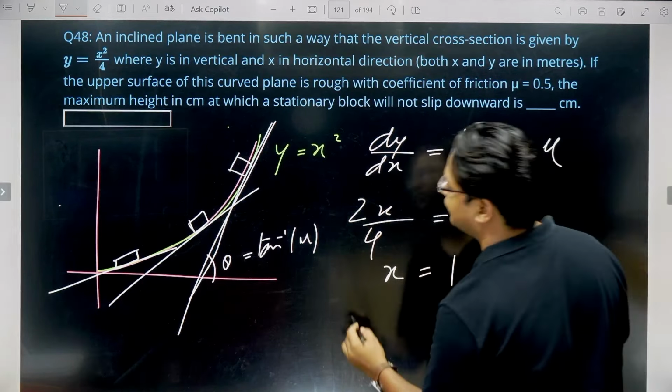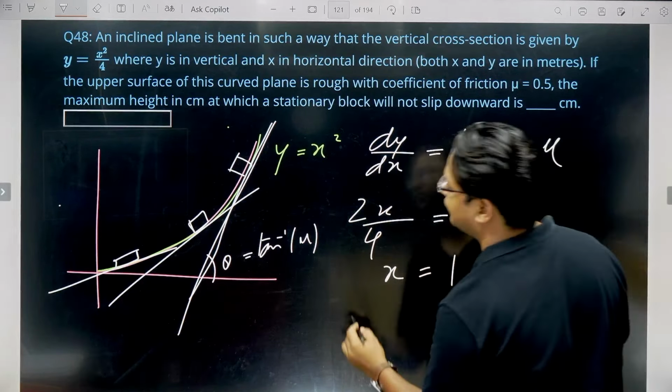On this side AL gets cancelled, 100 will be there, m will come in the numerator, and 16 will go here. So the value of m would be 16 square into 100, so that is 25600. So this much mass we will be able to lift. Okay, you are getting the answer here.